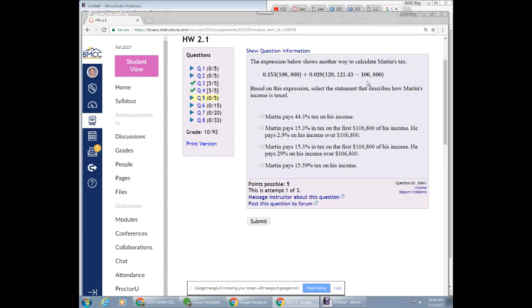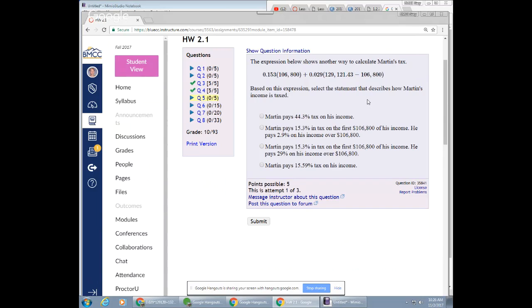Now, does that look familiar? Have we done stuff like that before? Yeah, that's the tax bracket stuff we did before. And so what this says to me is that the first 106,000 he pays 15% on. Anything he makes after that, he only pays 2.9%, right? Because this is the excess over that.